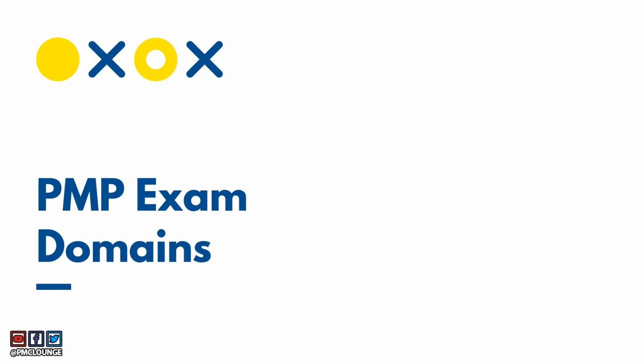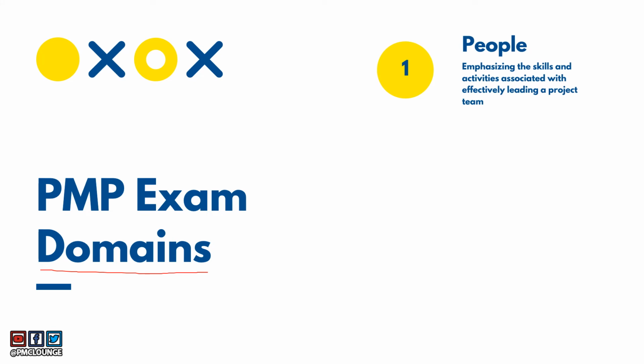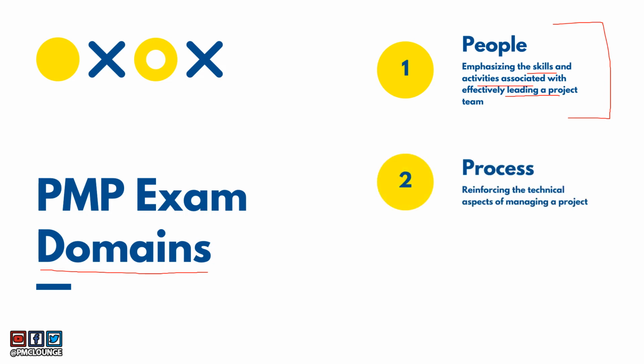Let's talk about the PMP exam domains now, because the PMP now focuses more on the domains. It is divided into three domains. First is people, emphasizing the skills and activities associated with effectively leading a project team. So this is the first domain that the PMP exam focuses on: people. Second is process.